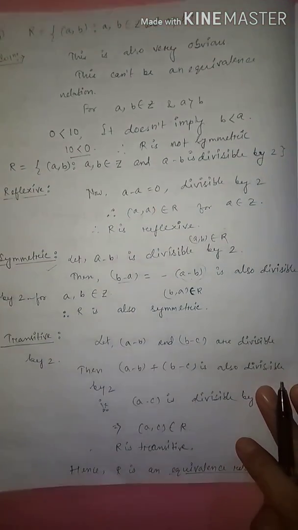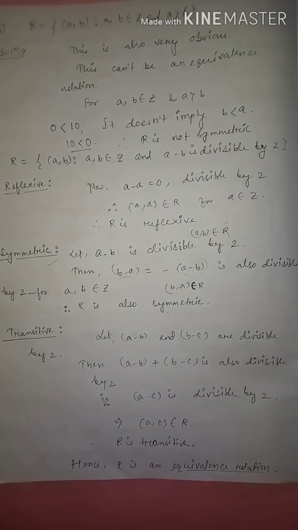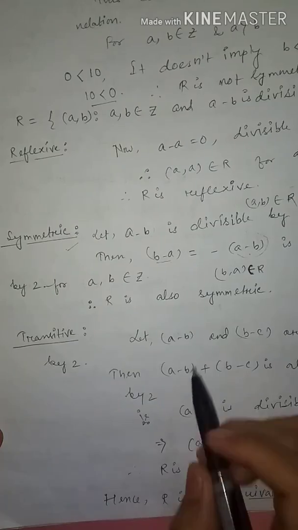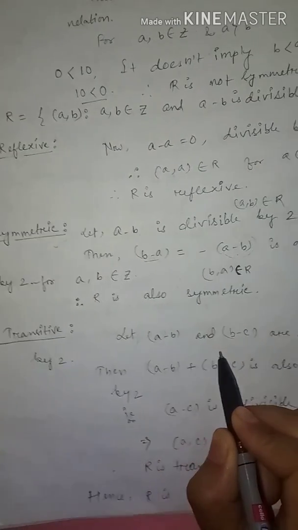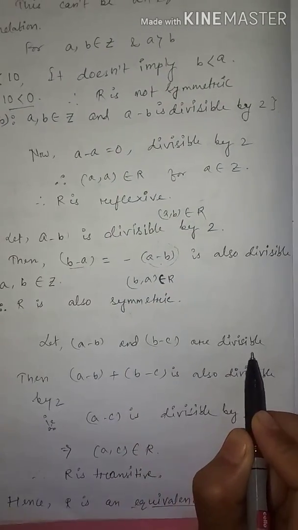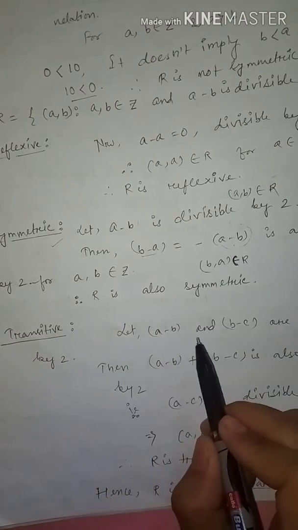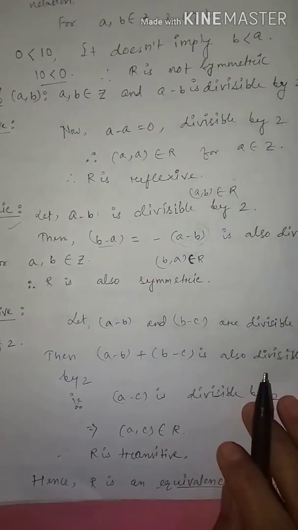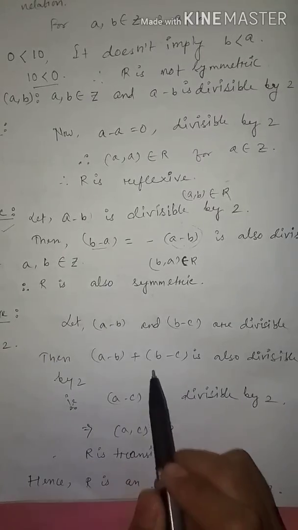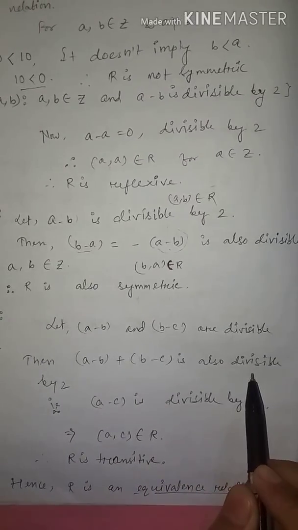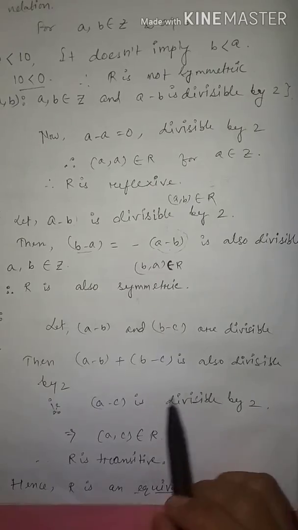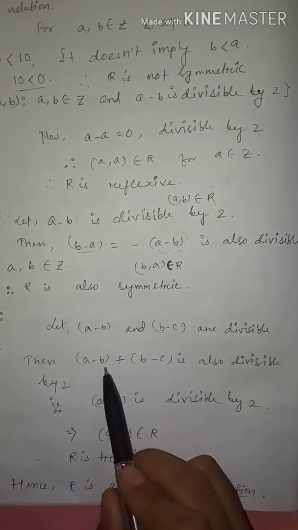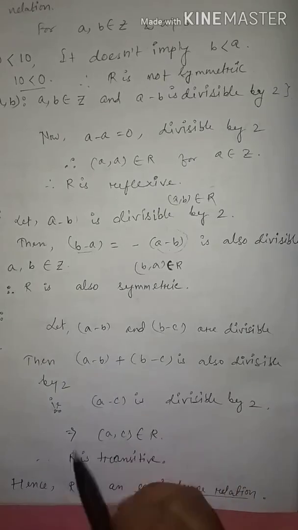Next, transitivity. Let us take two elements. A minus B and B minus C are divisible by 2. We have taken these two elements which are divisible by 2. Now sum of these two is also divisible by 2. It is very obvious. And sum of these two equals A minus C because minus B plus B cancel out.